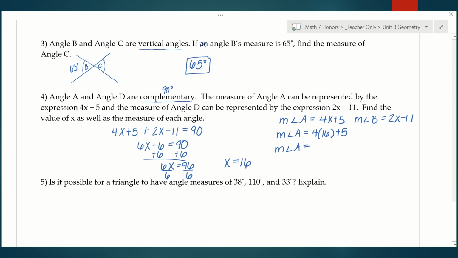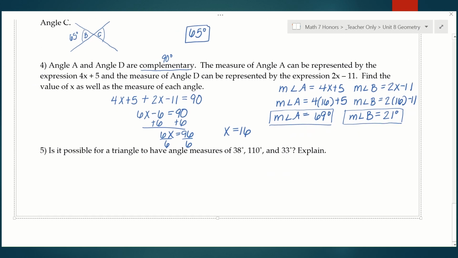So 4 times 16 is 64. 64 plus 5 gives me 69 degrees. And for angle D, 2 times 16 minus 11. So 2 times 16 is 32, and 32 minus 11 is 21 degrees. And so there we have our two angle measures. Now what I would do just as a quick check is make sure you add those two together. 69 plus 21 gives me 90, which is exactly what I needed to happen.